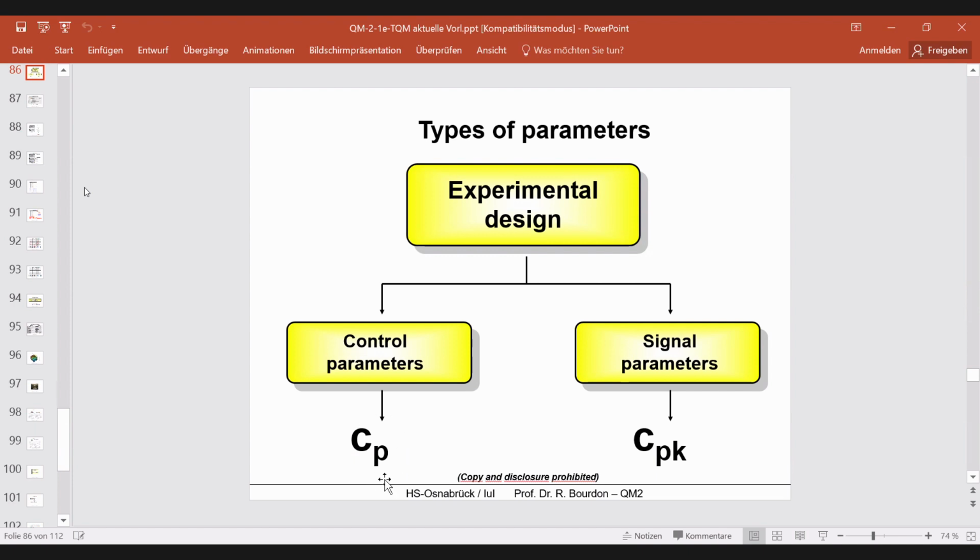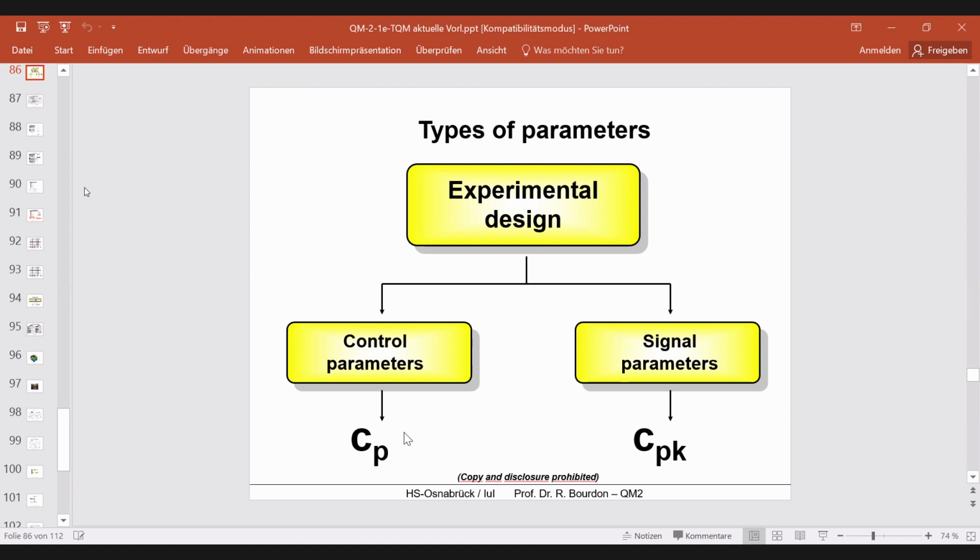So they are influencing the CP value in SPC. The signal parameters are changing mostly the centering of the process. And this means they influence CPK.